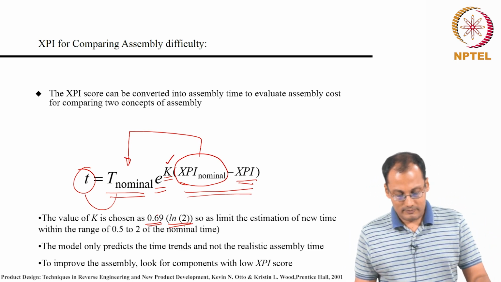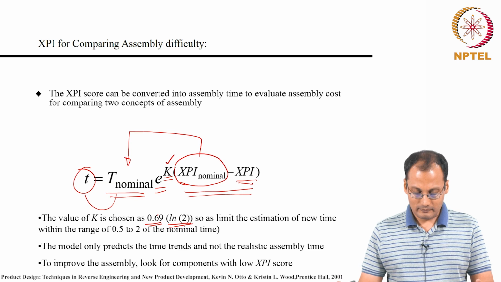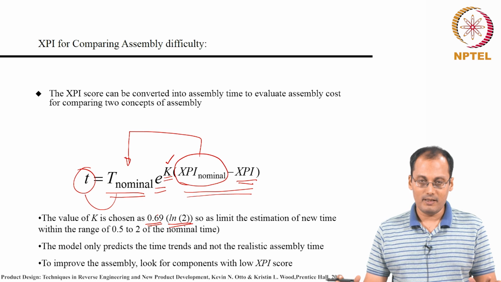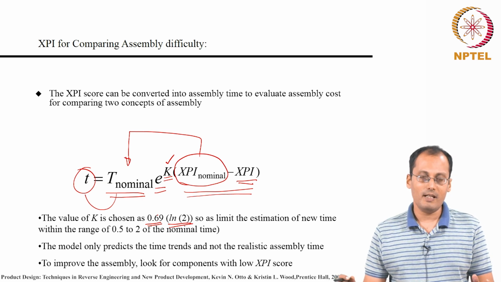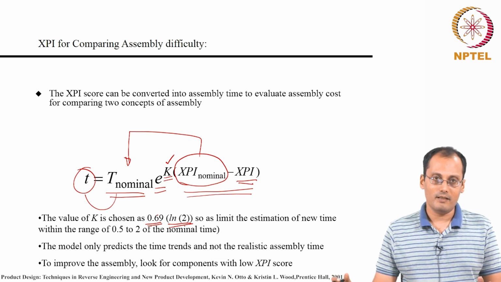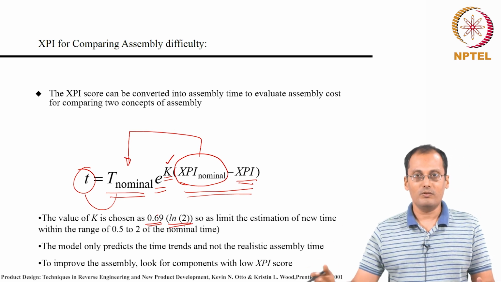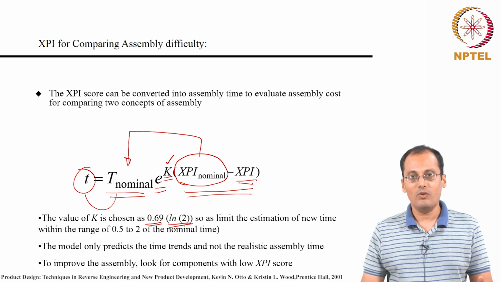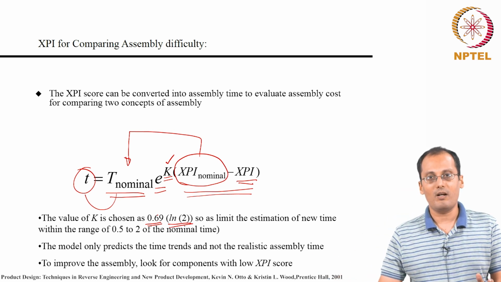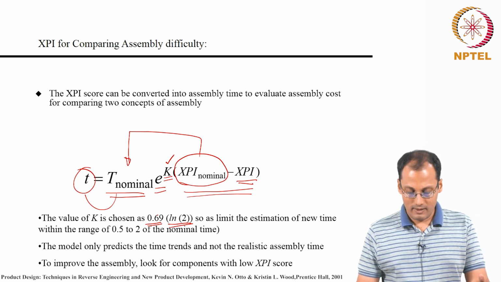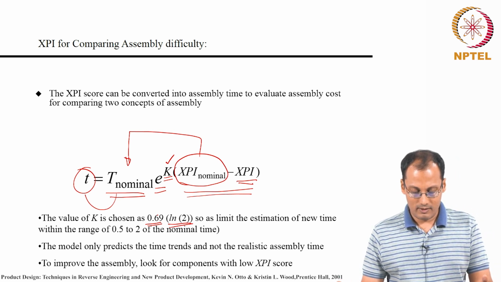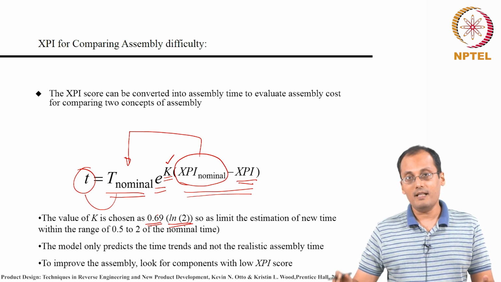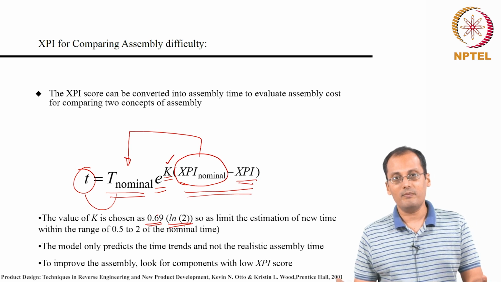The idea is that the deviation is not more than twice the nominal time, because when I try to extrapolate the XPI score to get the assembly time, if I have let us say the score becomes more than twice the nominal score, then the extrapolation for the time may not be valid, the nonlinearity in the relationship cannot be captured beyond that.